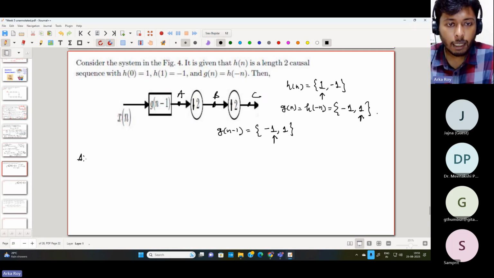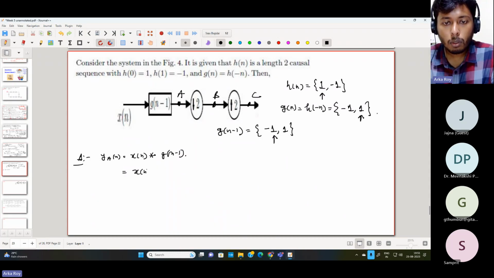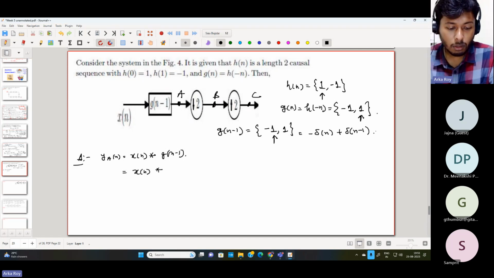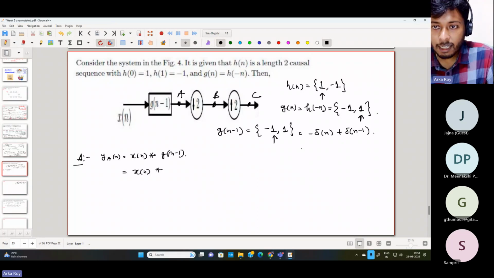So at location A, the output y a of n is x of n convolved with g of n minus 1. So g of n minus 1, I can write as minus delta of n plus delta of n minus 1. This is just the delta representation.